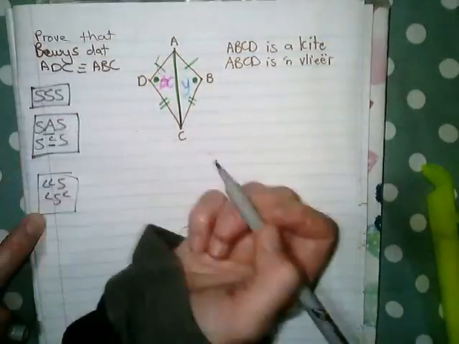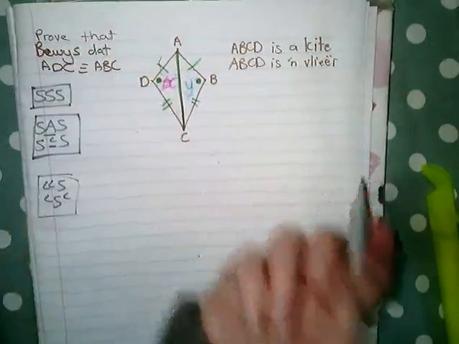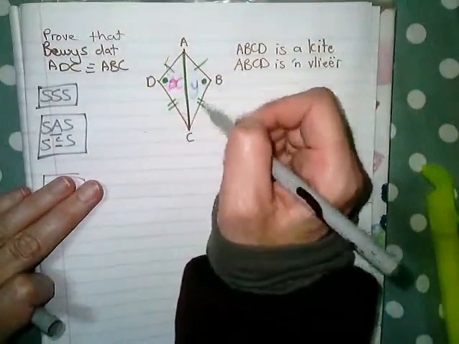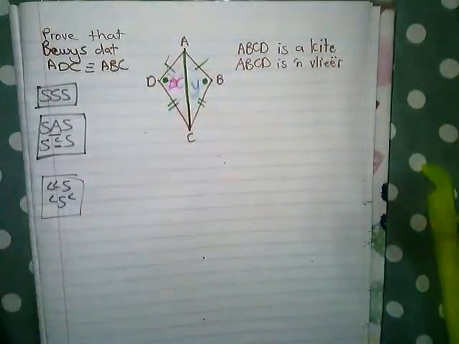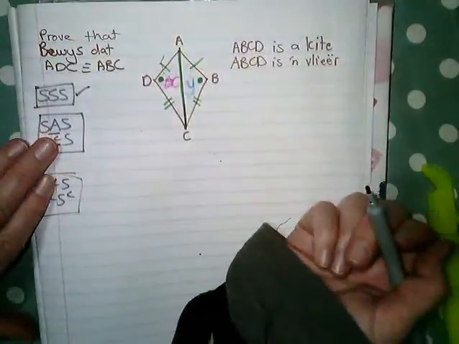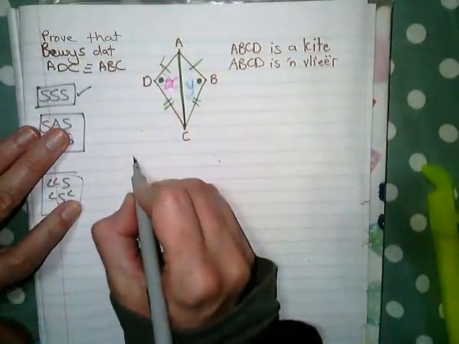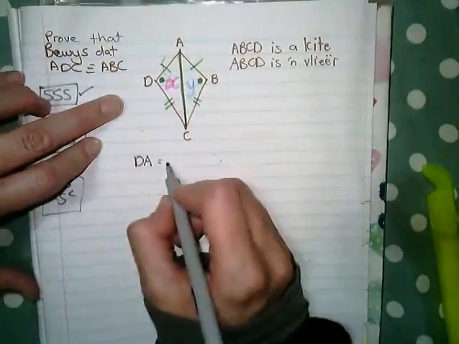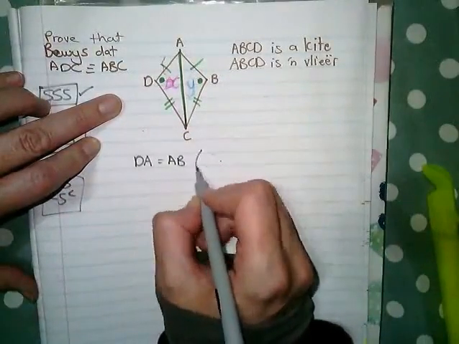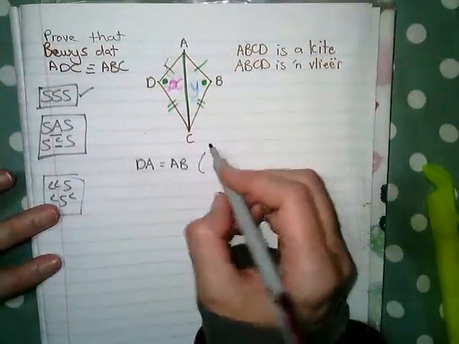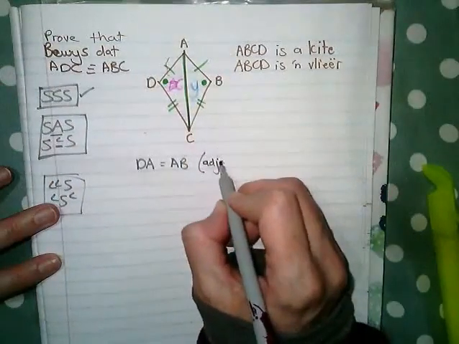So yeah, just looking at this diagram, we can already see that we will be able to use that first one there. So we can say that DA is equal to AB, right? Why? Because they are adjacent sides of a kite.